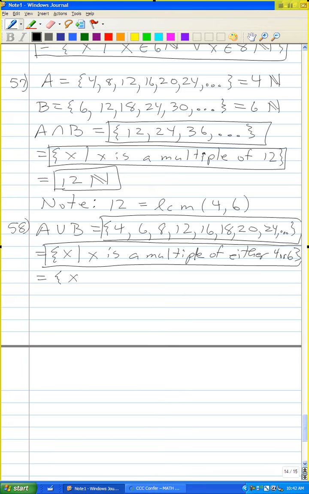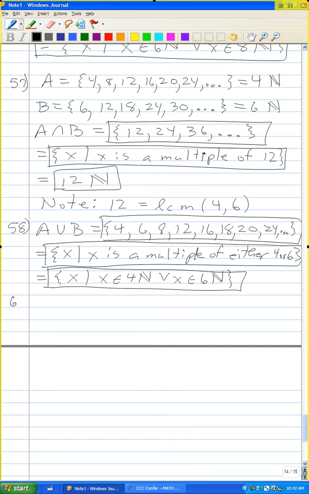So the set of all x such that x is a multiple of 4 or x is a multiple of 6. Okay.